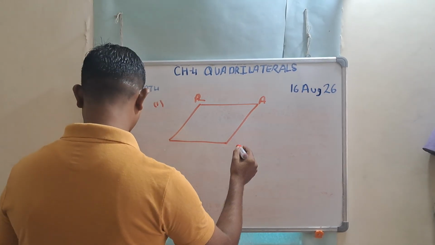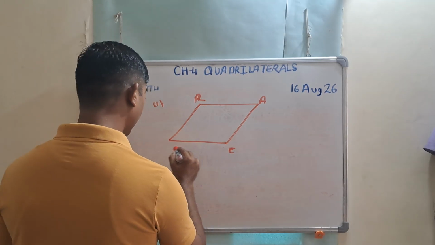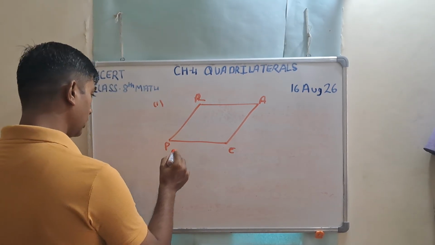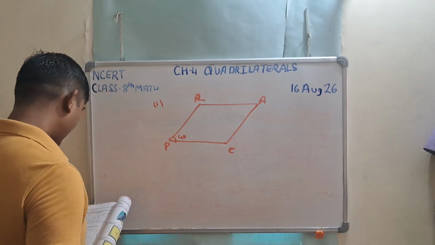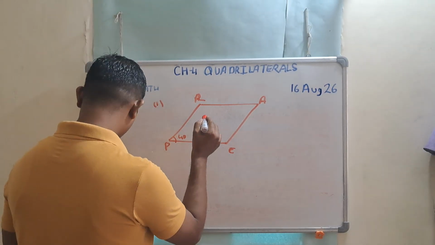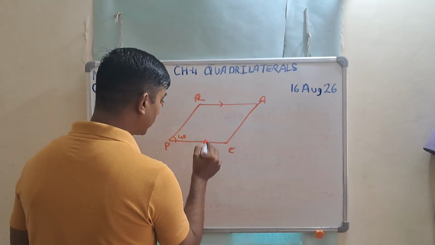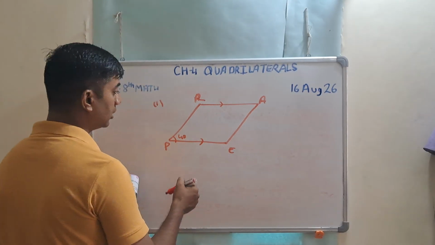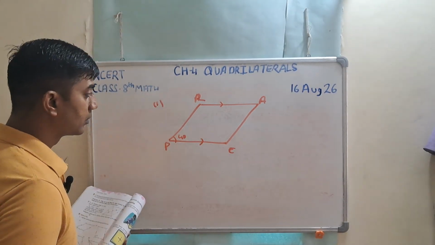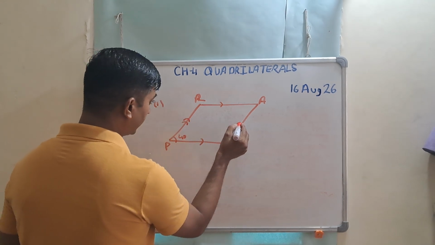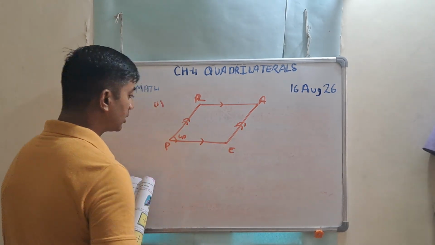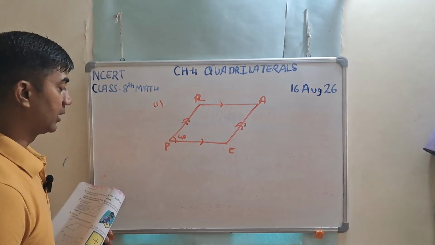R, A, E and P, and they have given that this angle is 40 degrees. Now what they are saying, this single arrow means they are parallel. Understood? This single arrow means they are parallel, and when they have placed the double arrow in this diagram, it means they are also parallel.